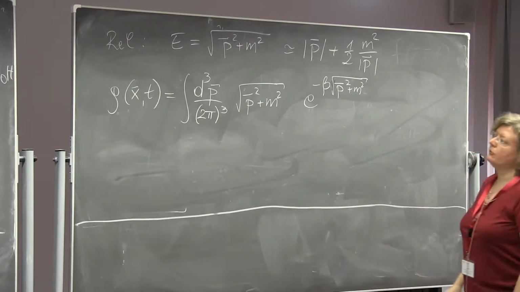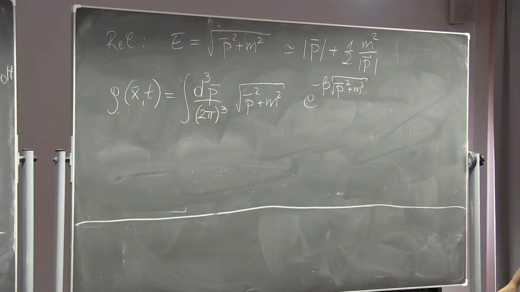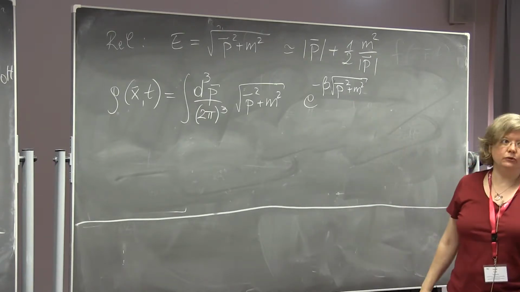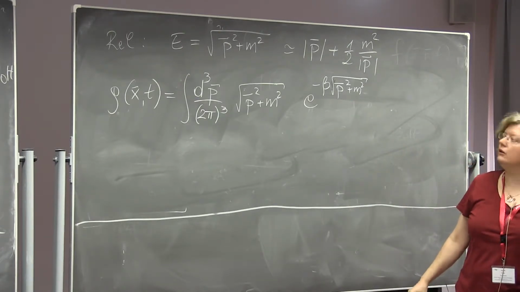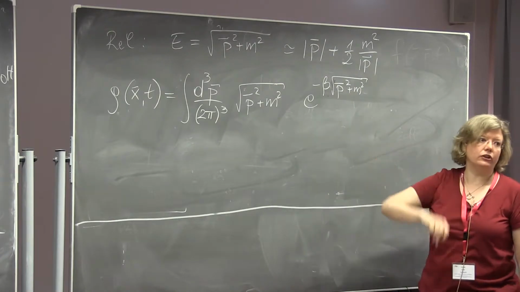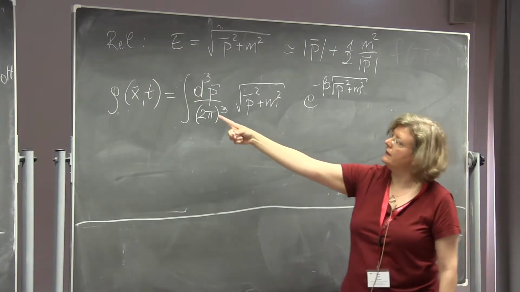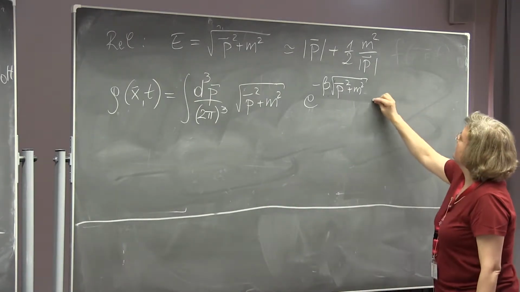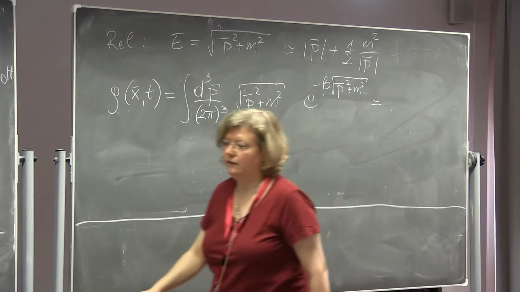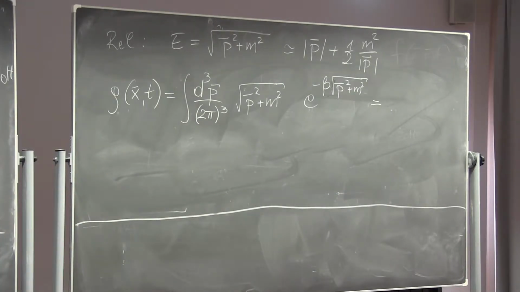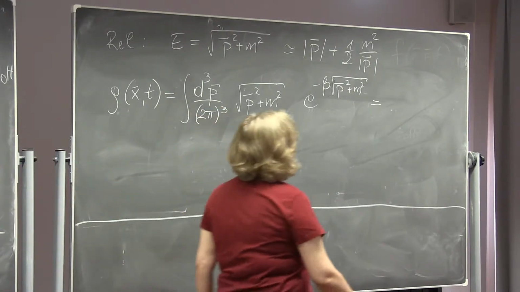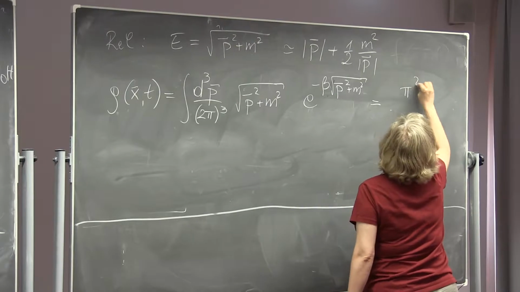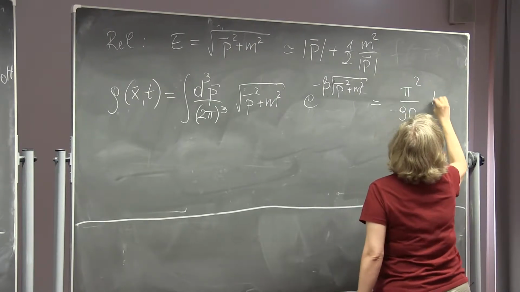Now from this formula, you can already see that if you do this integration, you can rescale all your momenta with the temperature, and you can take out a T to the 4th factor. So it should not be a surprise that if you do the computation, you get pi squared over 90 T to the 4.